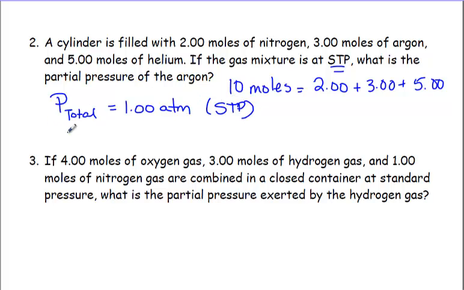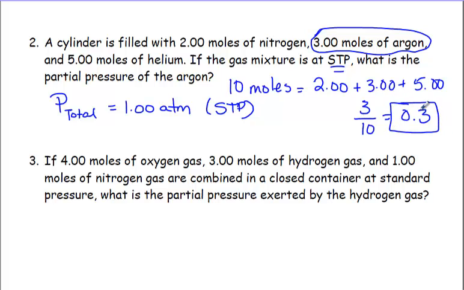Now, we're looking for argon, so this is 3 moles of argon. This is a little tricky now. We're getting the partial molar fraction out of this. So the moles out of the whole is 3/10, which is equal to 0.3 as far as the proportion goes.